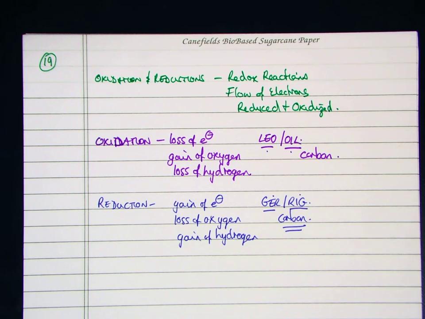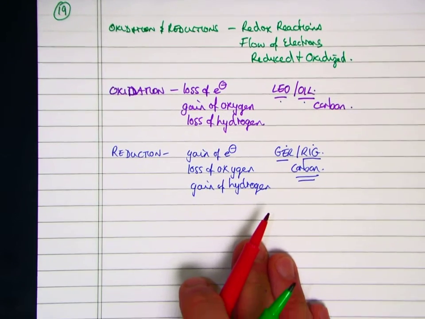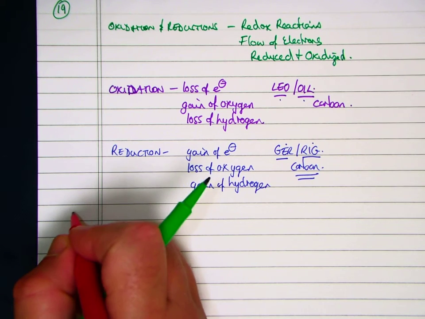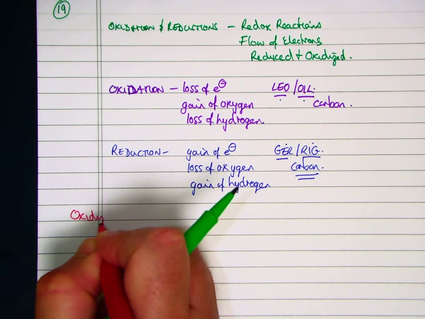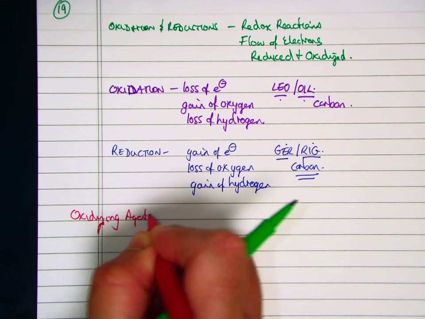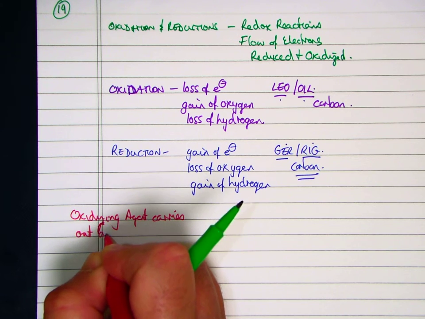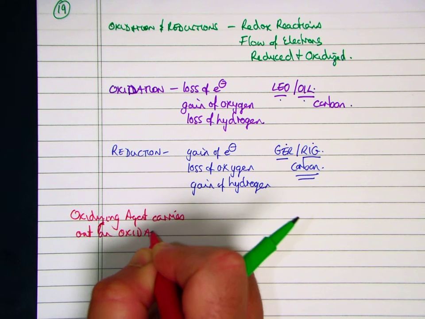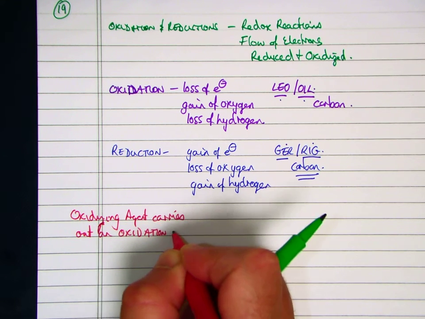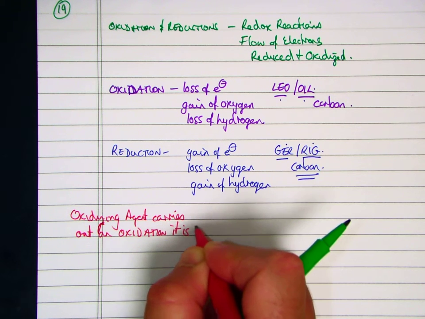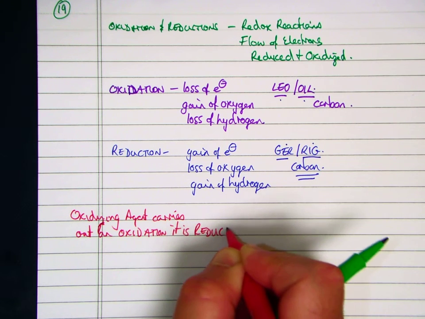Now, what we also need to remember in the background of many of these reactions, there's an oxidizing agent. An oxidizing agent carries out an oxidation, and it is reduced.